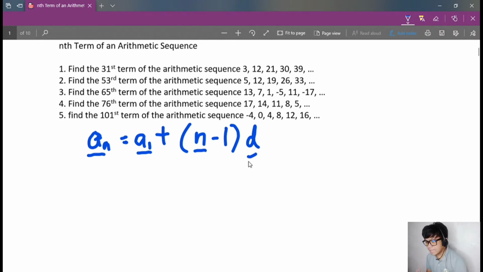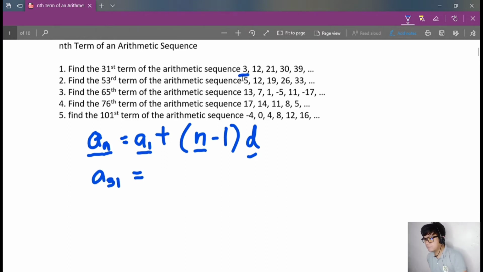So here, we're going to use the formula. First, identify natin yung first term. Since we're looking for the 31st term, yung 31 natin dyan is our n. So we have a sub 31 is equal to, a sub 1 is our first term.